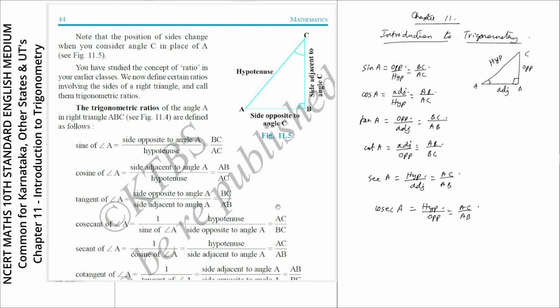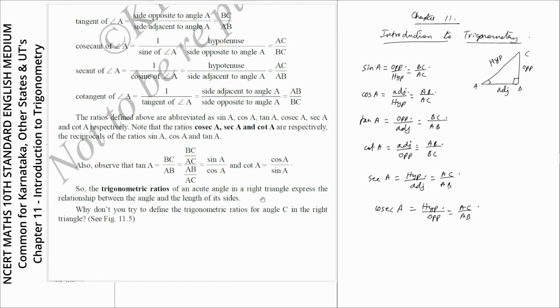Here you can make a small observation. Tangent of angle A, that is tan A, is defined as opposite by adjacent, that is BC by AB. Now in BC by AB, if I divide both numerator and denominator by AC, that is the hypotenuse, what will I get?